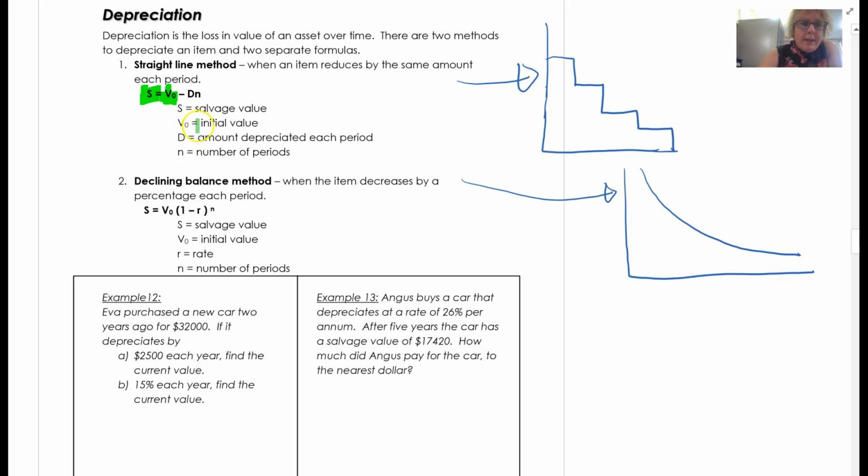V0, the 0 means initial or at the start of time, so that's the value at the start, N you know, and D is the amount it goes down by. The declining balance uses the same things, but because it doesn't have a set amount, it has a rate, they give you R. So S is how much you can salvage from it, or how much it's worth after a period of time, and V0 is the initial value.